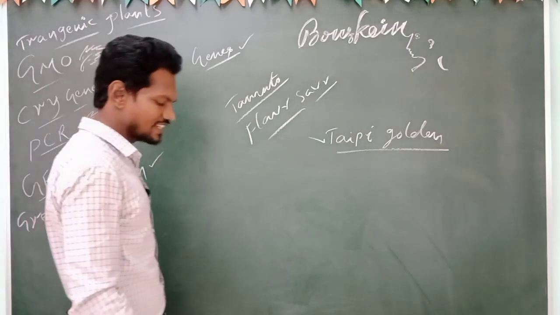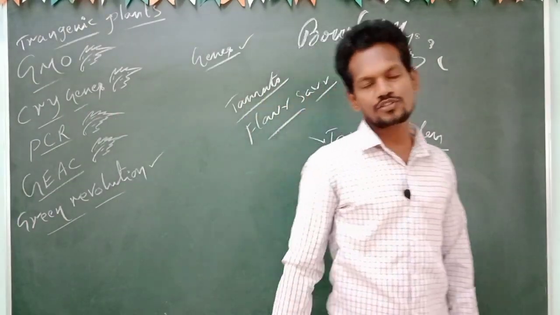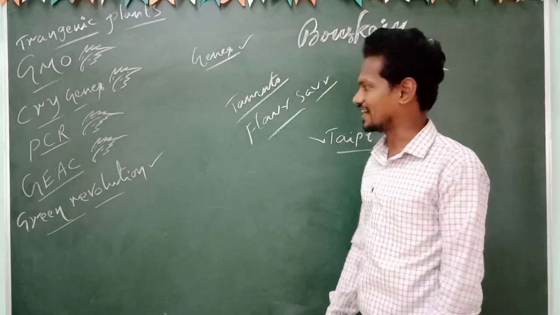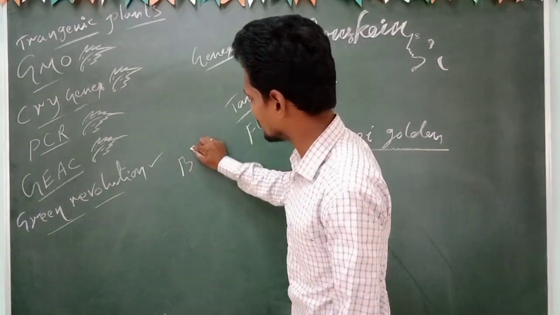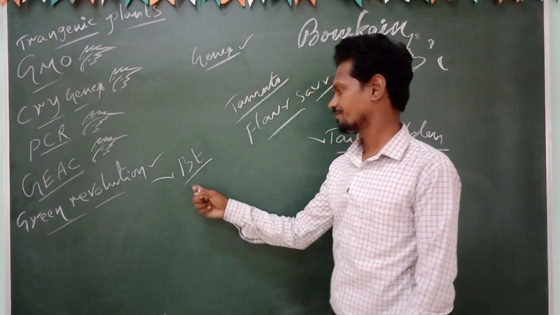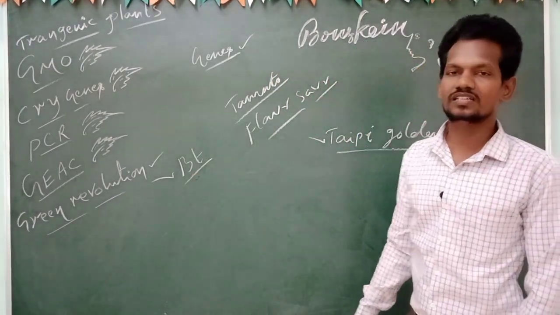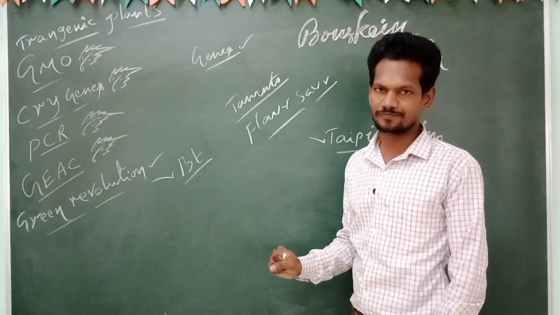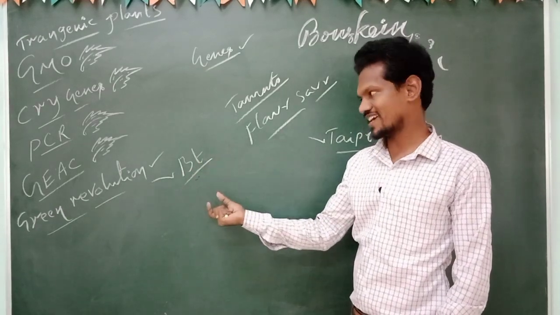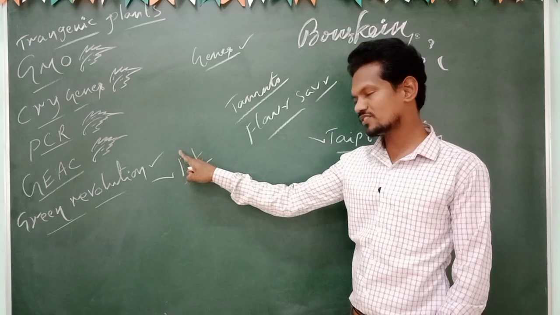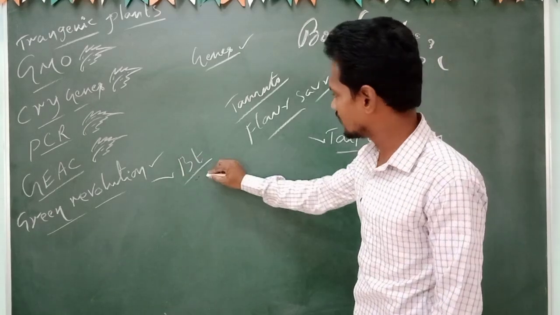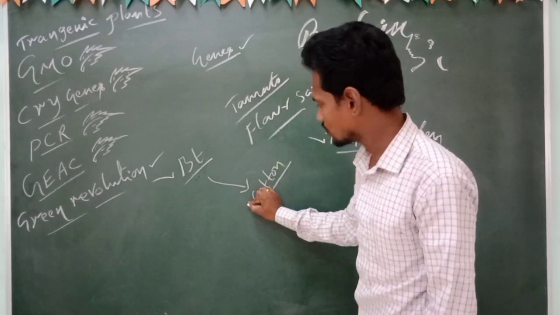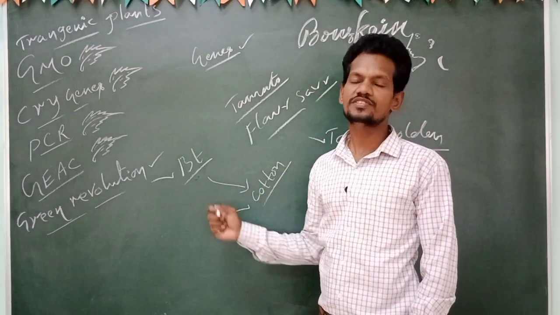Next one, Cry genes. You already know one of the commercial transgenic cotton plants, nothing but BT. BT is a bacterium name, Bacillus thuringiensis. The genes are extracted from this BT and transferred into the cotton plant, and we call that BT cotton.